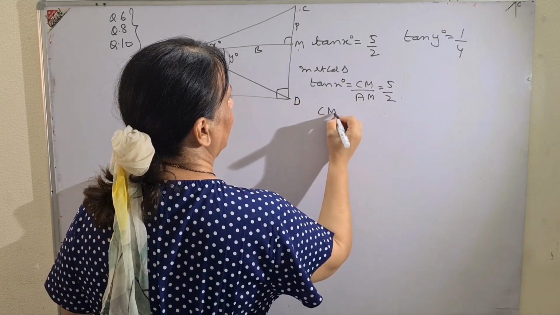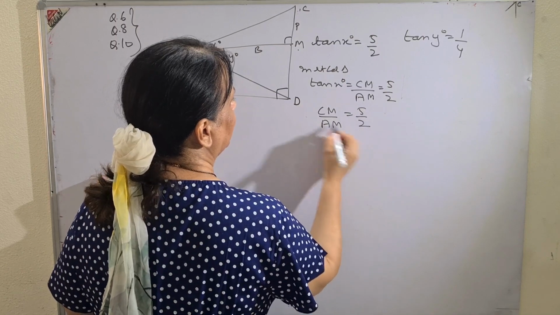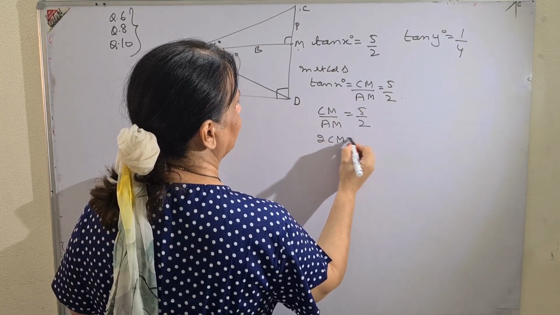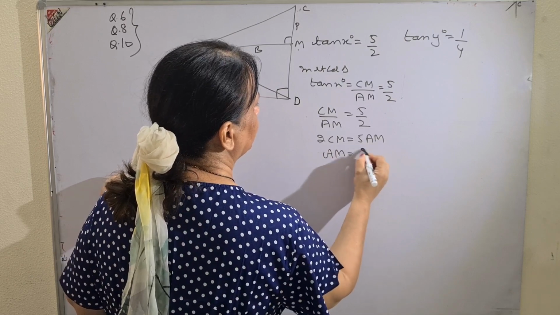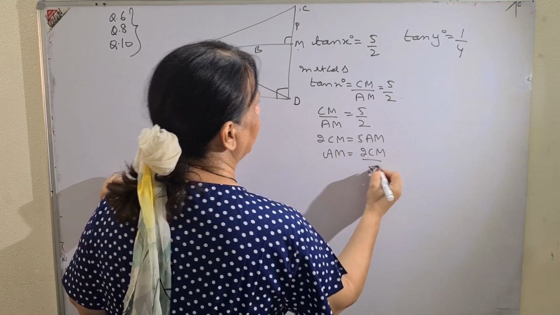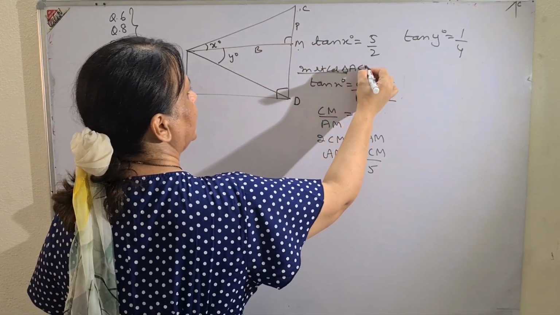So CM upon AM is equal to 5 by 2, cross multiply, 2 CM is equal to 5 AM, or AM is equal to 2 CM upon 5. This is from the first triangle, right angle triangle ACM.